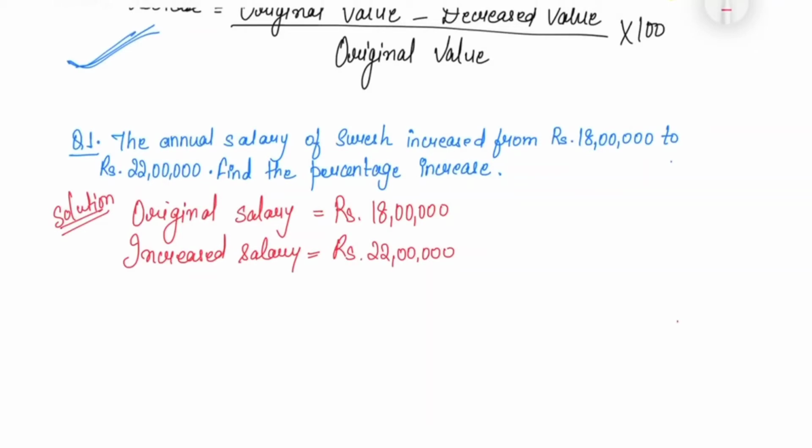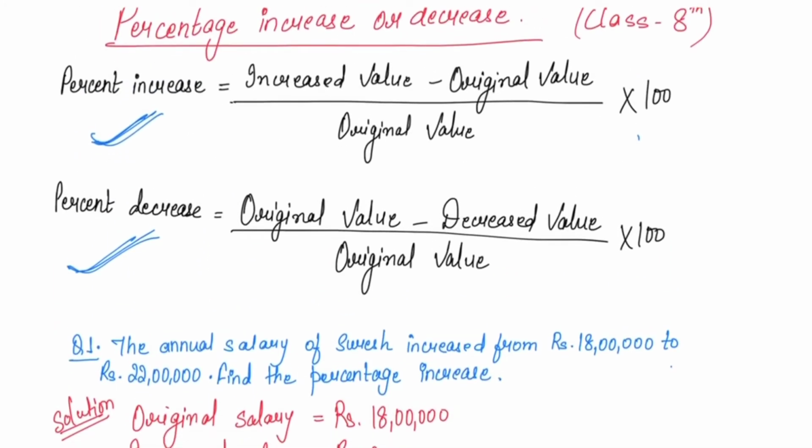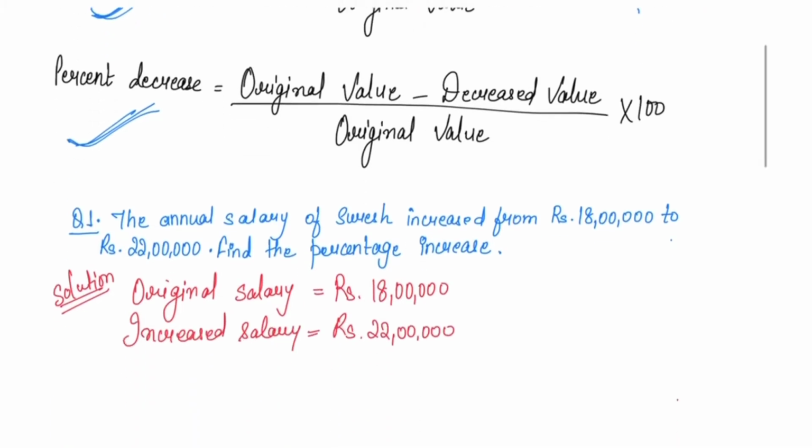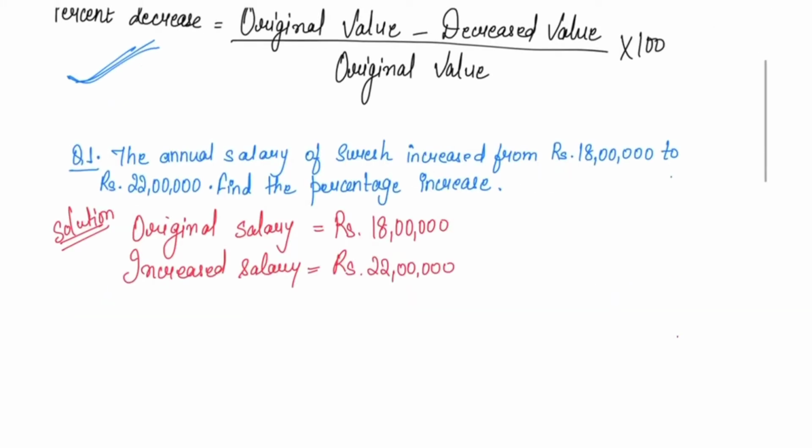The formula says percent increase is equal to increased value. I'm writing PI for percent increase. The increased value is 22 lakhs.